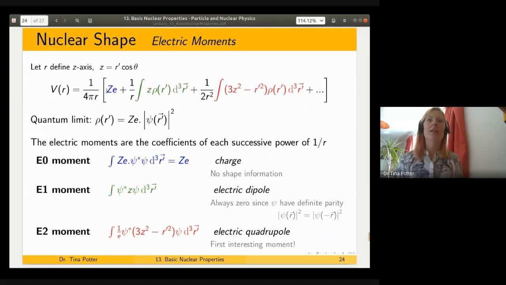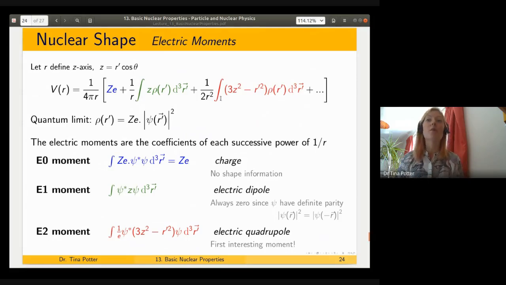So it's not very interesting, this E0 moment. Then if we have a look at the first power of 1 over r, this E1 moment, the electric dipole moment, because we have definite parity of a nucleus, it either has plus or minus 1, this is actually always 0. So again, it's not very interesting.